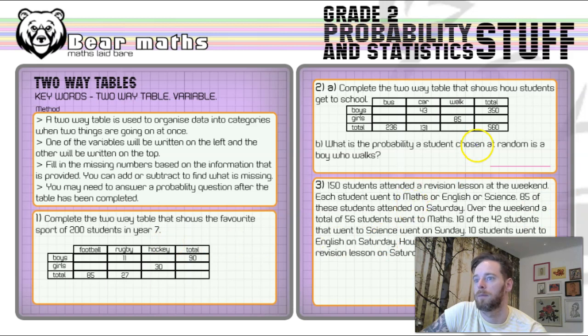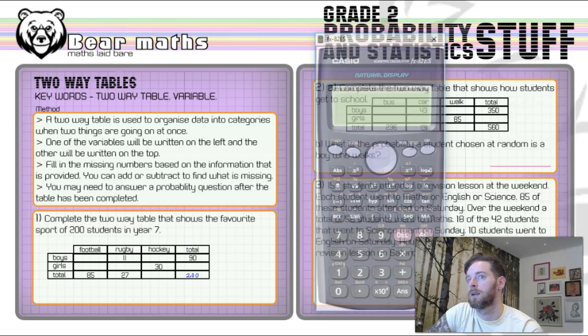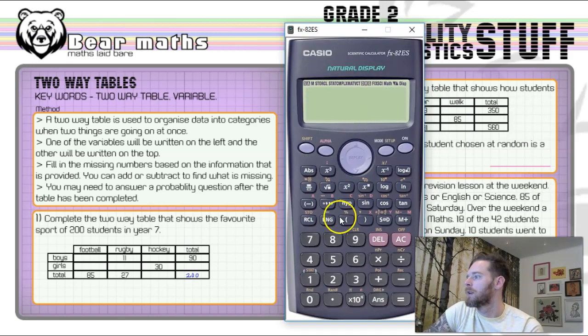You can see that 200 students is the total number of students, so right away we can put the 200 here. And there the calculator is. Right, let's complete this.